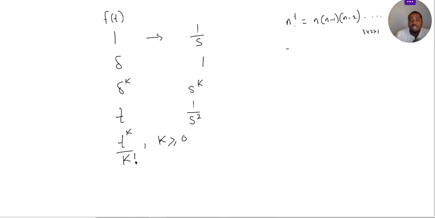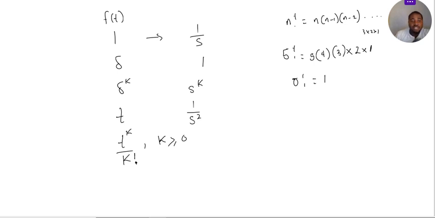For instance, 5 factorial is going to be 5 into 4 into 3 into 2 into 1. You stop there, because 0 factorial is equal to 1. So this is the meaning of factorial for those that don't know about it.